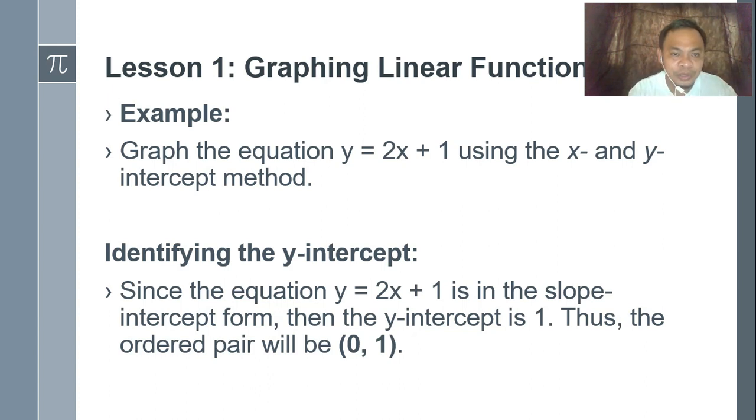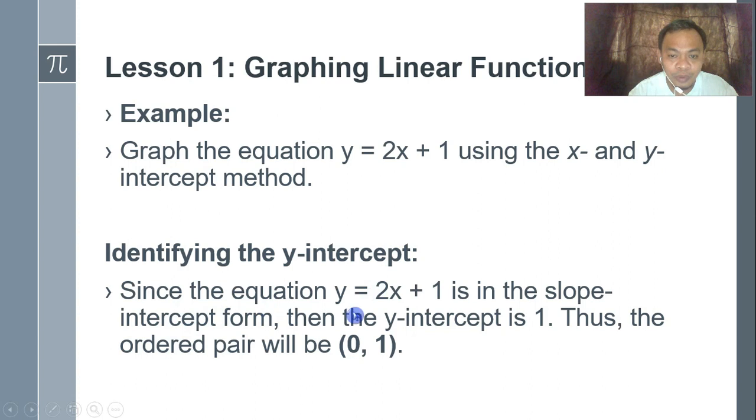In the first method, we have here: graph the equation y is equal to 2x plus 1 using the x- and y-intercept method. So, identifying the y-intercept, since the equation y is equal to 2x plus 1 is in the slope-intercept form, that is y is equal to mx plus b, the b is the y-intercept.